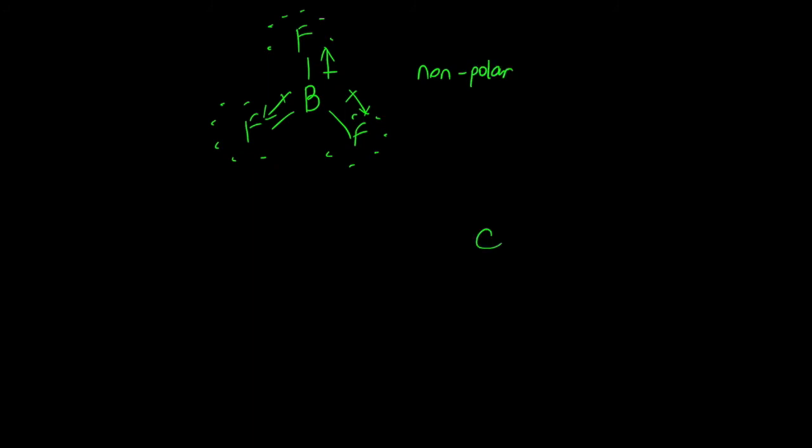BF3 has 3 polar bonds that point into corners of a triangle, and that's also non-polar. Okay? Methane, well, let's just do chlorine here because chlorine's an electronegative atom.